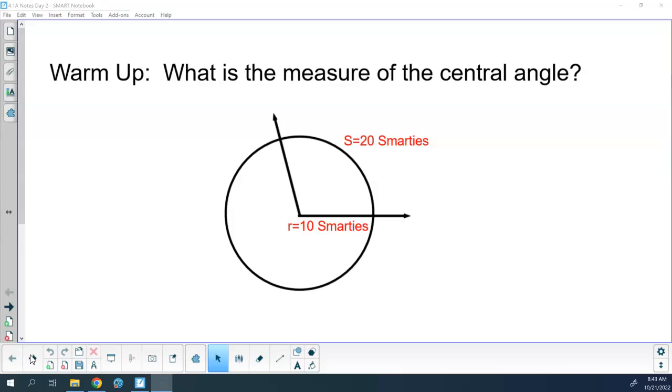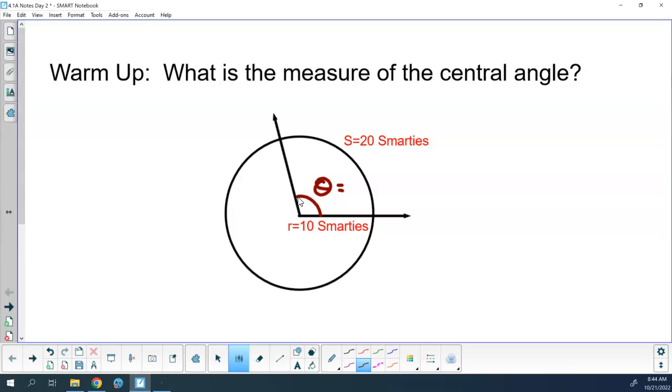So if my arc length is 20 Smarties long, and the radius is 10 Smarties long, what is the measure of this central angle in here? We'll call it theta. Anybody? We got Luke? I have 114.59.